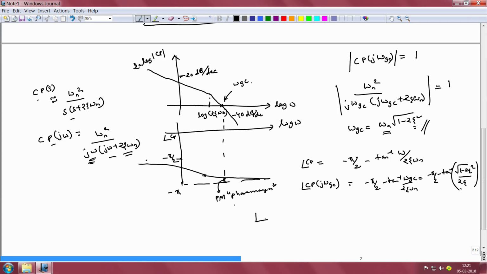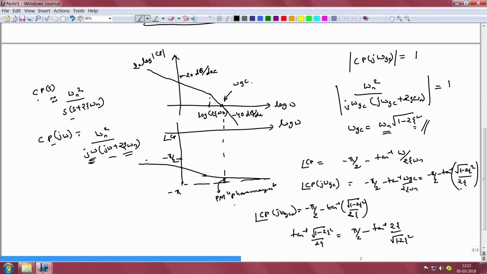So, the angle of C times P at j omega gc is equal to minus pi by 2 minus tan inverse of square root of 1 minus 2 zeta square divided by 2 zeta, and I use the identity that tan inverse of square root of 1 minus 2 zeta square by 2 zeta is nothing but pi by 2 minus tan inverse of 2 zeta by square root of 1 minus 2 zeta square.